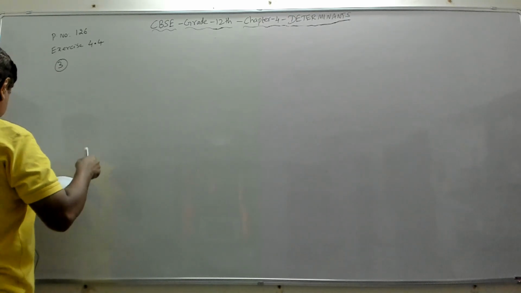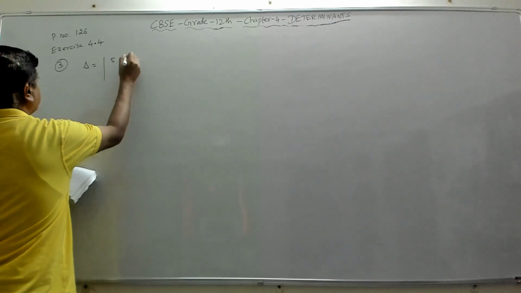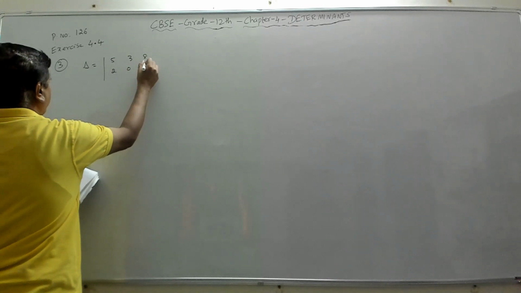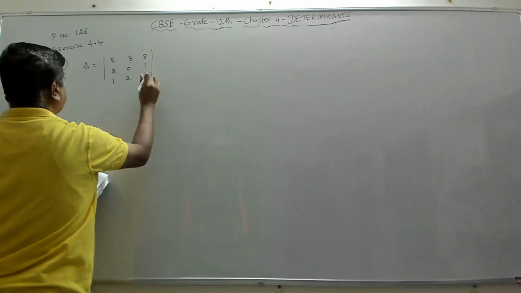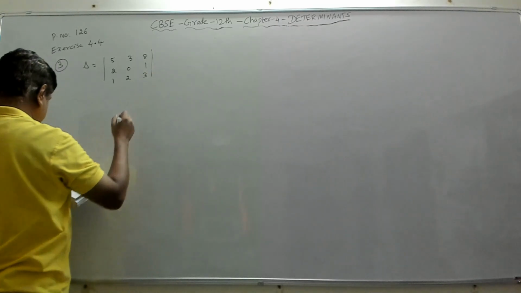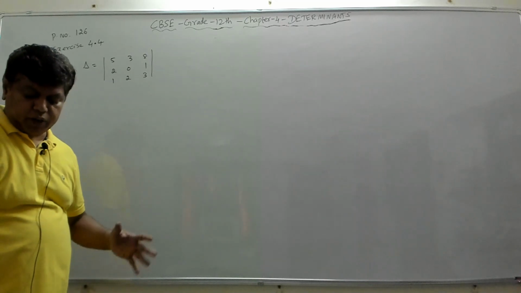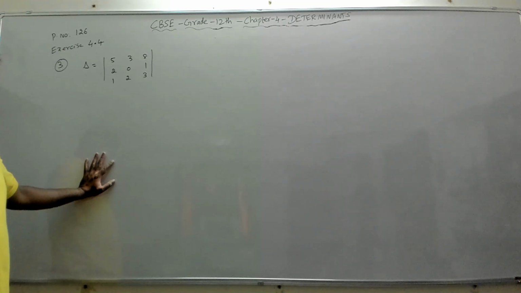It is delta equal to determinant 5 3 8, 2 0 1, 1 2 3. Now we have to evaluate delta using the cofactors of elements of second row.